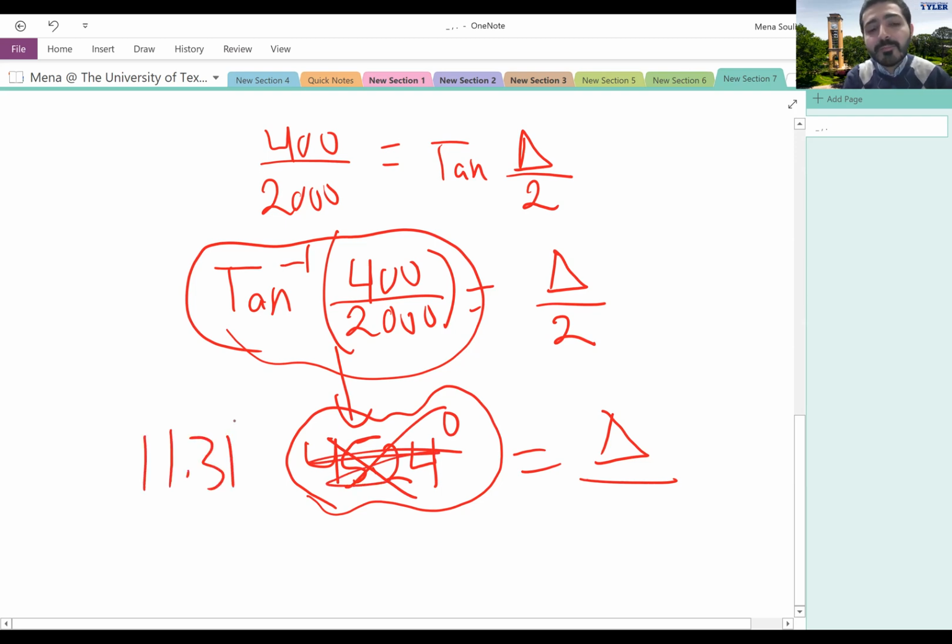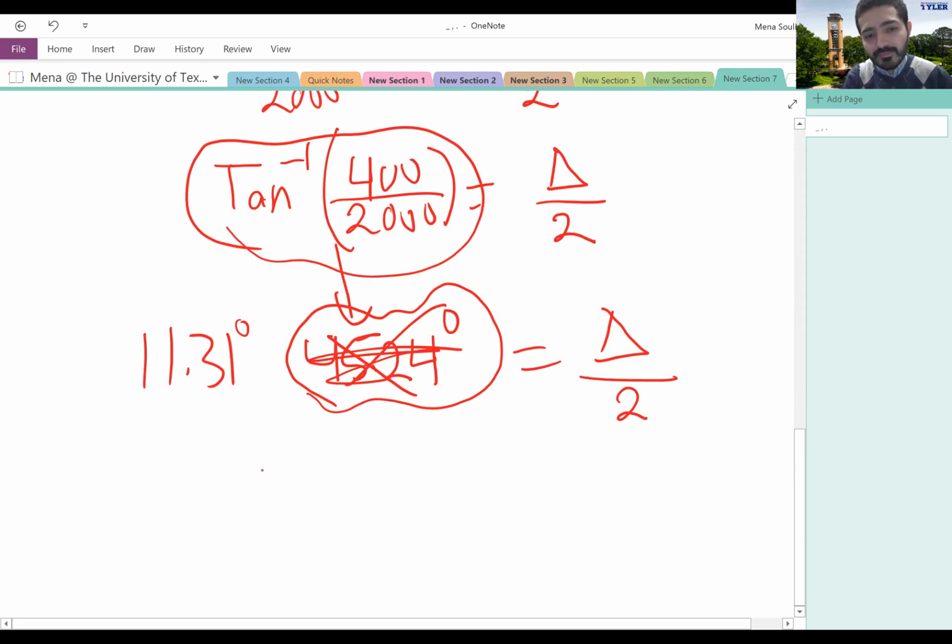Half of the students will say, okay, delta is equal to 11.31. But that's actually the value of delta over 2. So delta itself is equal to 22.62 degrees.